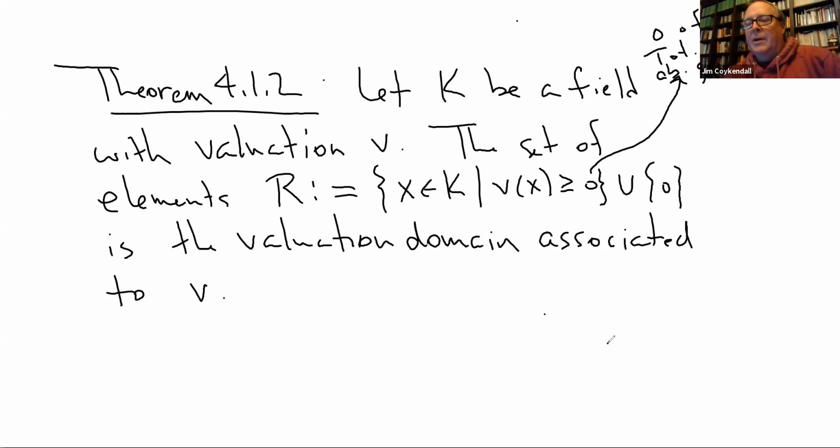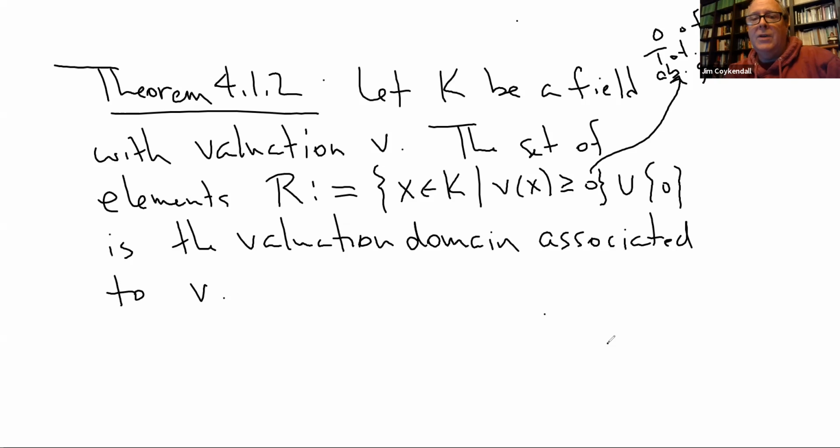This is, of course, a generalization of familiar totally ordered abelian groups like the integers or the real numbers. But in any abelian group, you have a 0 element, right? And everything that is greater than or equal to 0 are the non-negative elements of the group.